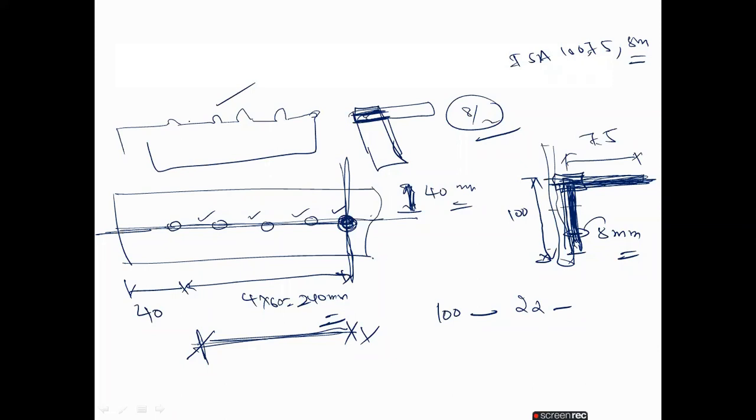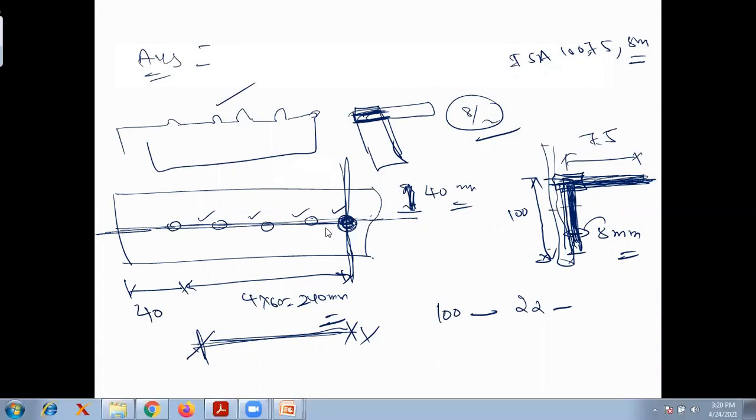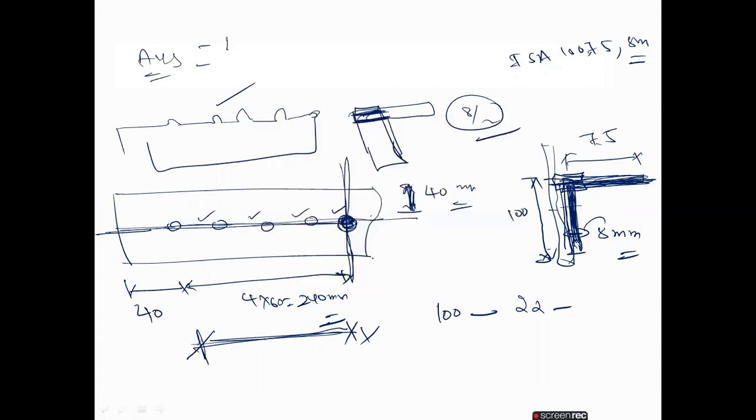So the calculation of Avg: that is nothing but 40 plus, the shear from here to here, 40 into 60, multiplied with the thickness. I will write here for your better understanding.